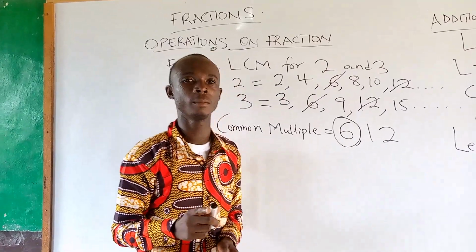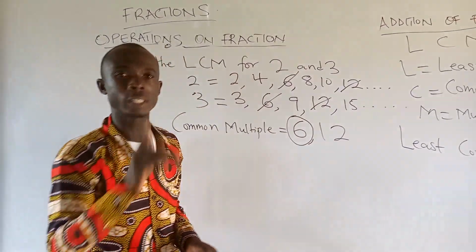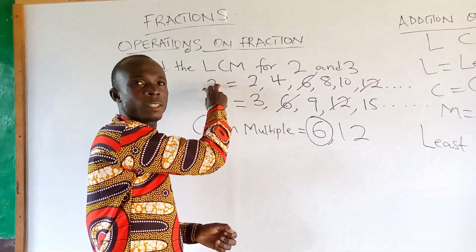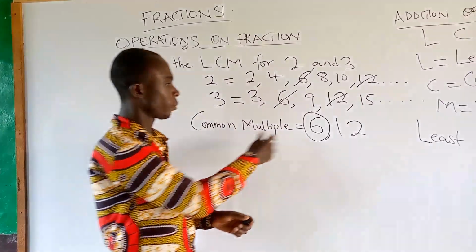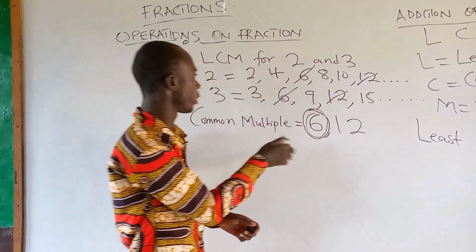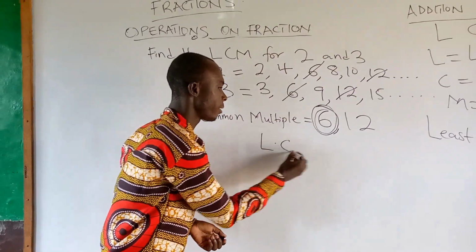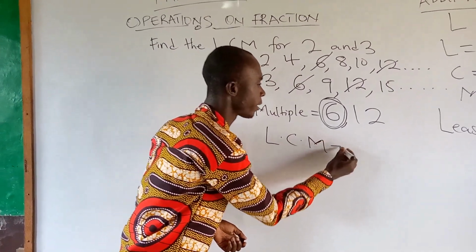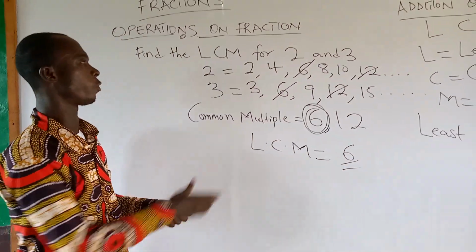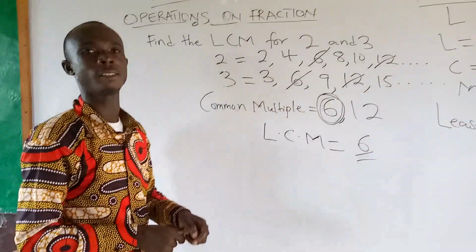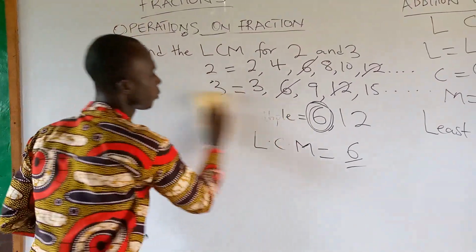I repeat, once you get your first common multiple for these two numbers, that one is the LCM. So the LCM is what? 6. The least common multiple for these two numbers is what? 6. Let us take another example.